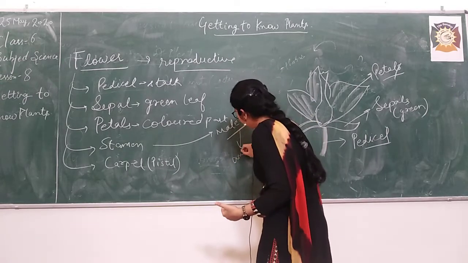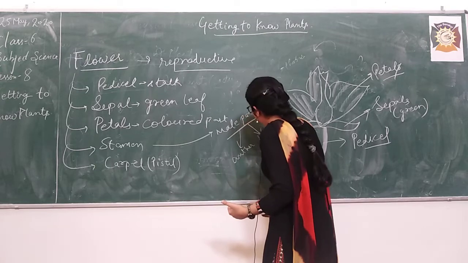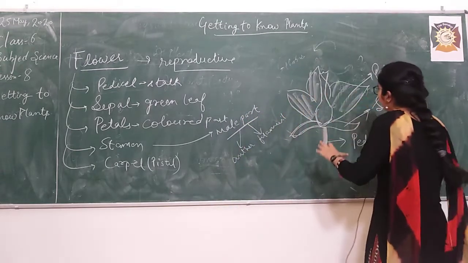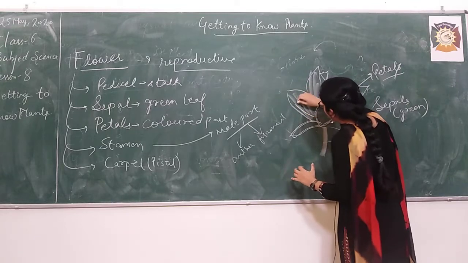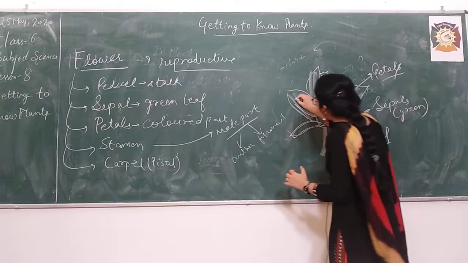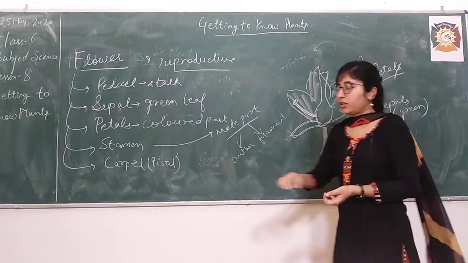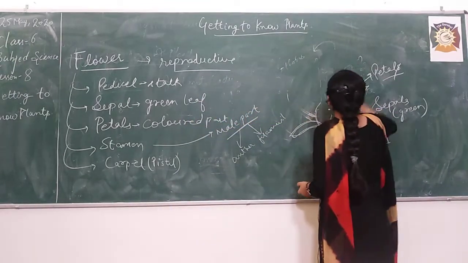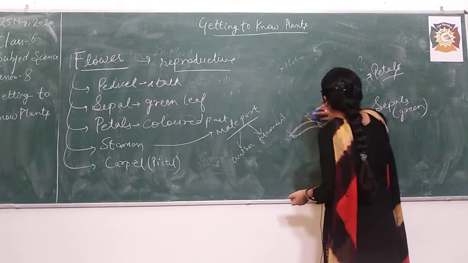One is anther and the other one is filament, right? So what are these anther and filament? Here are these structures like this. Wait, I'll just rub these petals so that I can show you more clearly.